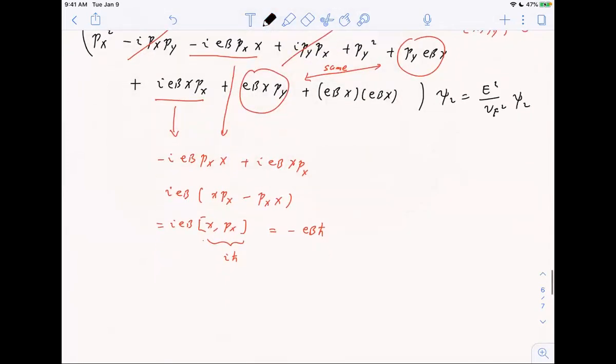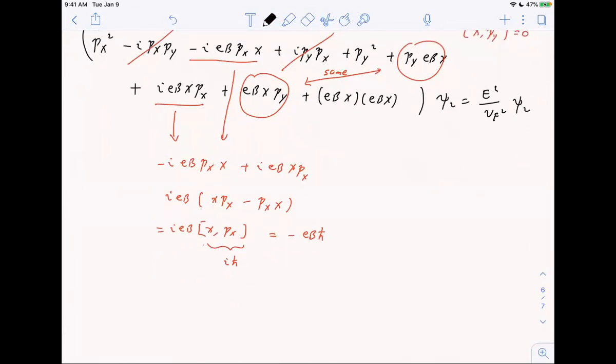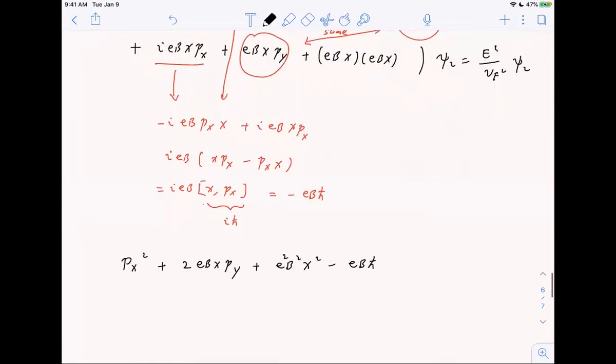Okay, so after that, we can get a Hamiltonian like this, the equation like this, plus this, plus 2 e b x p_y plus e squared b squared x squared and minus e b h bar.